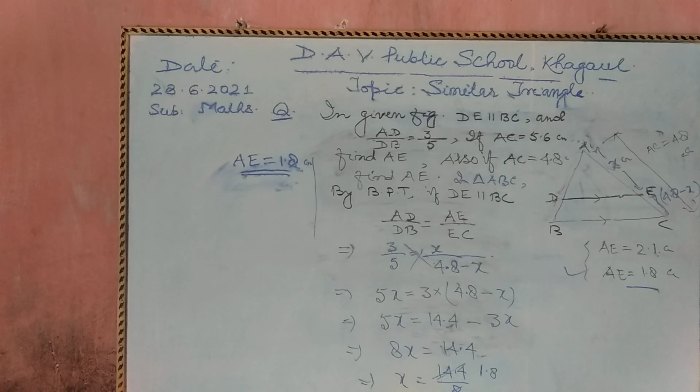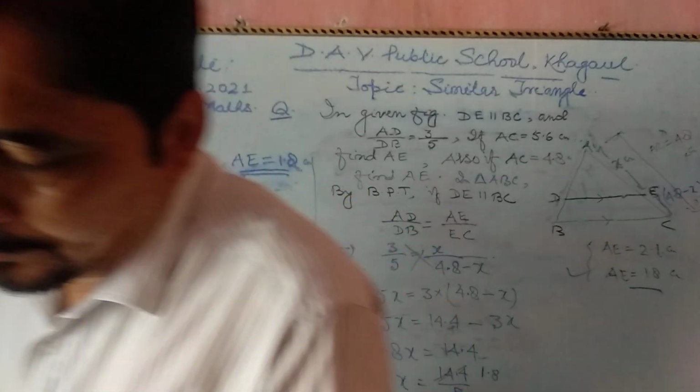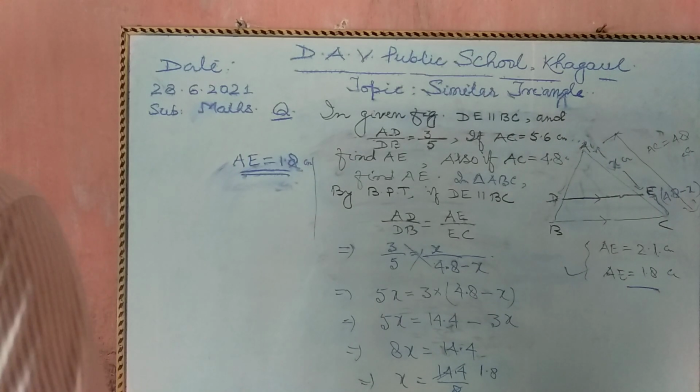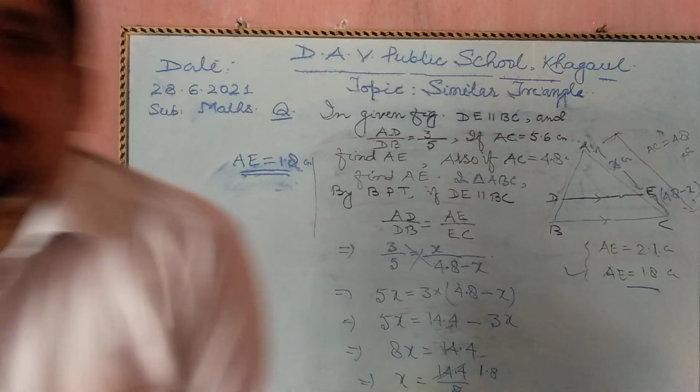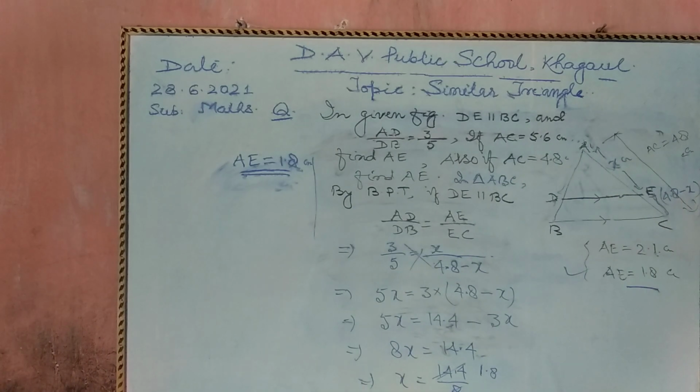We will get the value of X. Everybody will do it in your own way by putting in the values of the given sides and solving algebraically. Definitely you will get the answer, AE is equal to 2.1 centimeter.